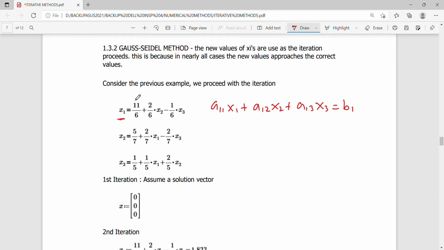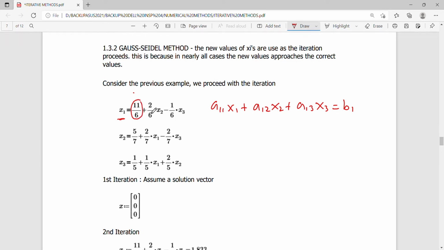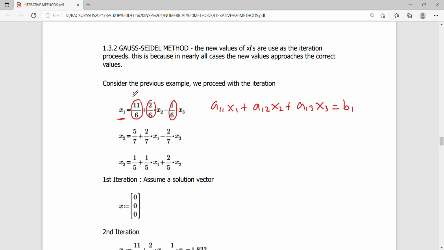So here your B1 over A11 will be this one here, your A12 over A11 will be this one, and your A13 over A11 will be this one. So these will all be values divided by A11. That's why, if we take a look at the formula later, this is simply a value divided by the Aii.